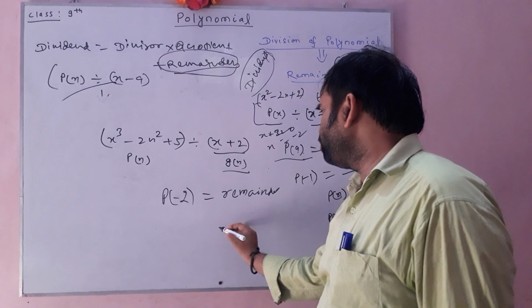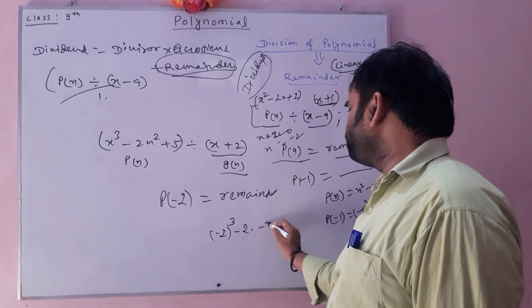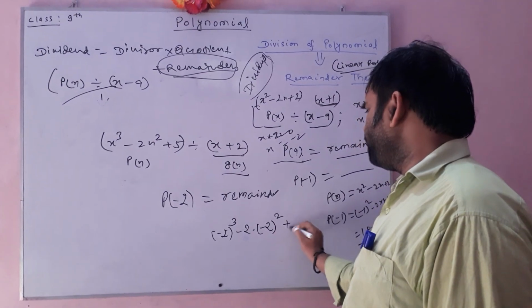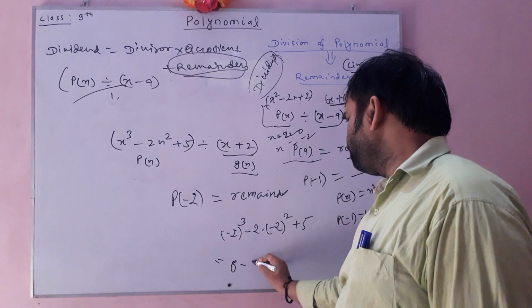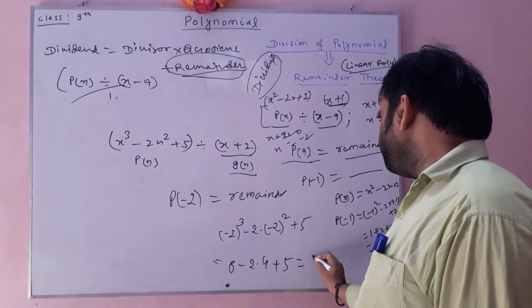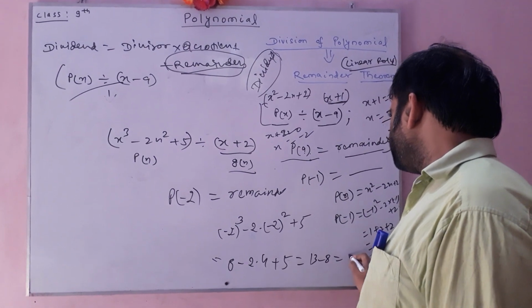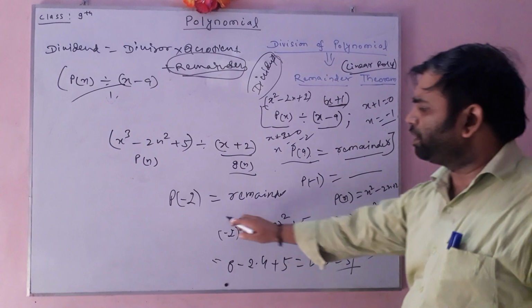We put in the value: minus 2 cube minus 2 into minus 2 whole square plus 5. Minus 2 cube is minus 8. Minus 2 into 4 is minus 8, plus 5, so minus 8 minus 8 plus 5 is minus 11. So this is our remainder.